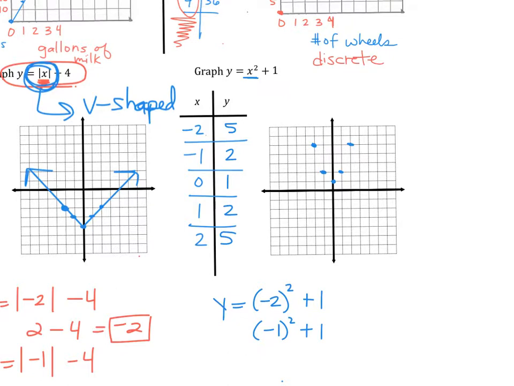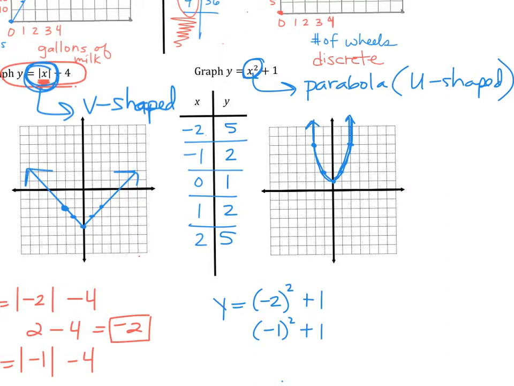It's more of a U. Because you can't put straight lines through it. They're curved. This is actually called a parabola, which is more of a U-shaped curve. So here's what you need to know. Whenever there's an x squared in a problem, your graph is going to be a parabola or a U-shaped graph.